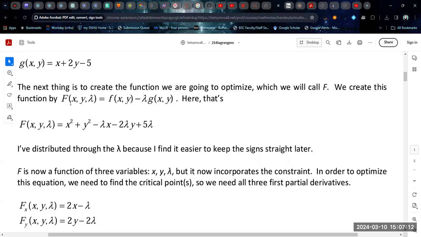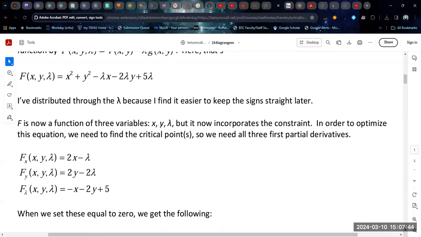This is our alternative. We're going to create the function big F by taking the function that we're trying to optimize and subtracting lambda times our constraint function, so minus lambda g. And so this will give us a function of now three variables, x, y, and lambda: x squared plus y squared minus lambda x minus 2 lambda y plus 5 lambda.